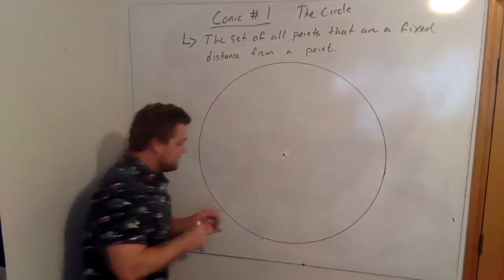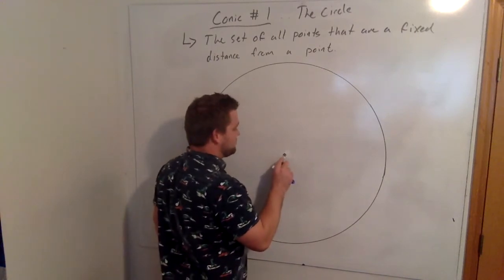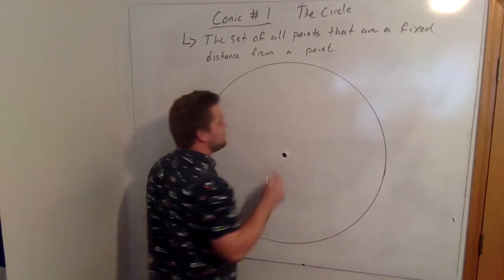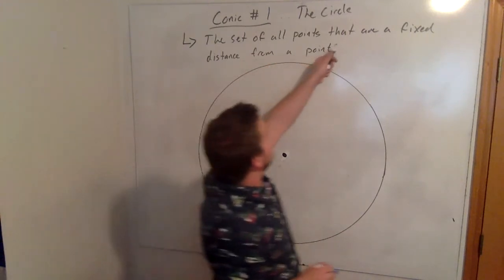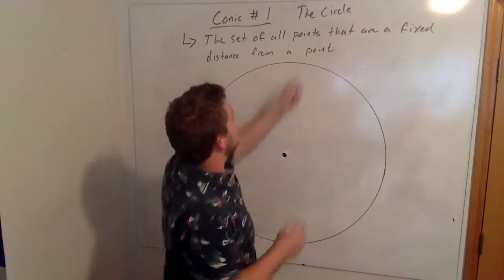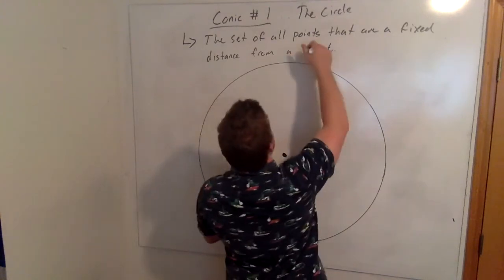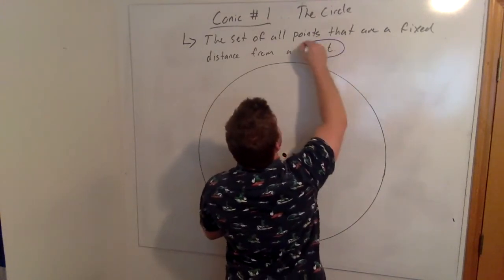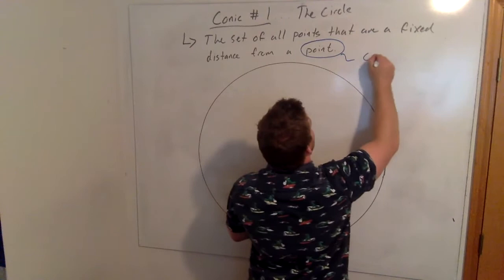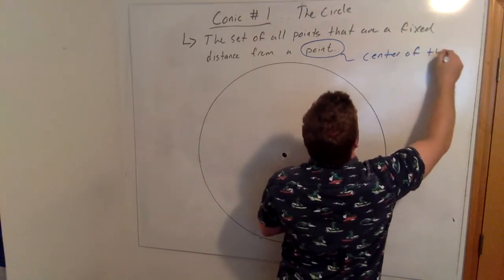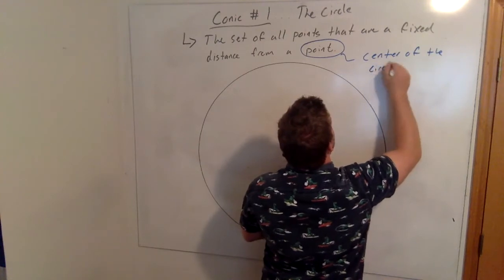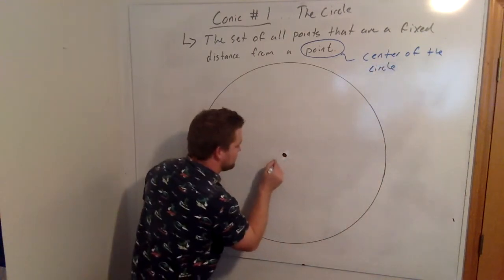And now that we know a nice geometrical definition of a circle, let's label some of its parts. Okay, so here we say the set of all points that are a fixed distance from a point. Now this point here, we call the center of the circle. So this here is the center.